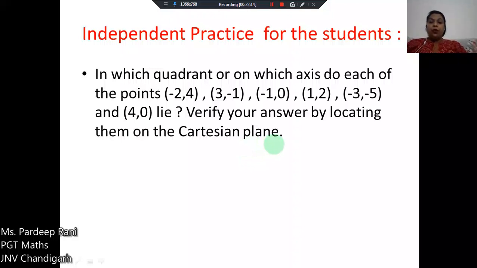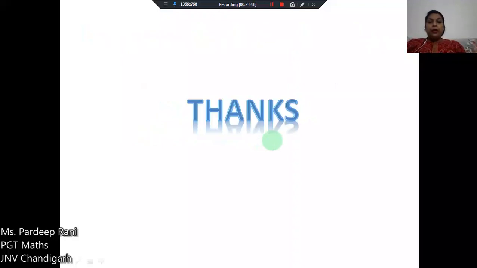Dear students, you can solve this problem by using the knowledge of the quadrant system and the axes, as well as the plotting of points in the plane. You can conclude the whole chapter in this problem and verify your solution by locating them on the Cartesian plane. Thank you all of you.